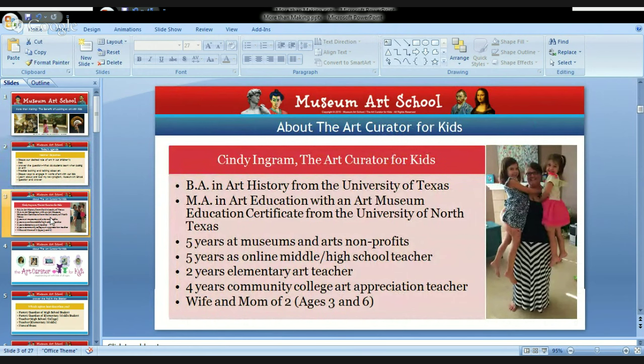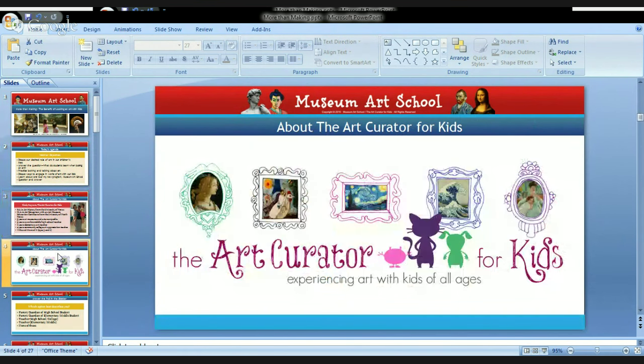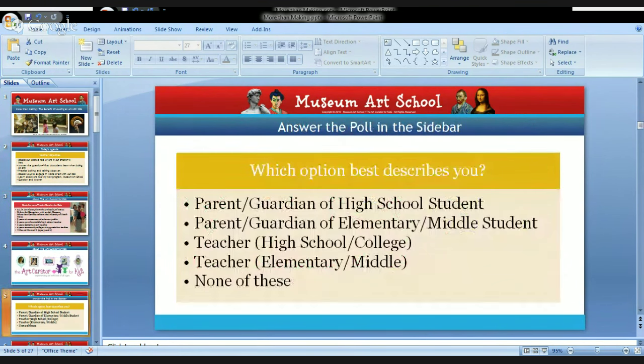All right, so this was the information I've already mentioned. And then I just had this one, which was the Art Curator for Kids. And then we were on the polling slide. Oh man, it's going slow. Oh, that's frustrating.